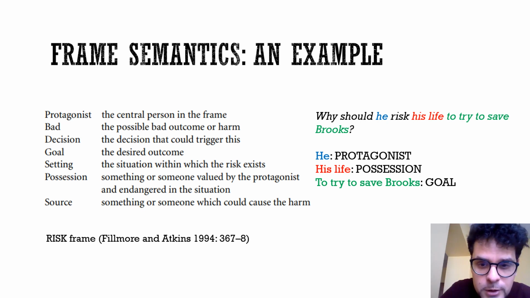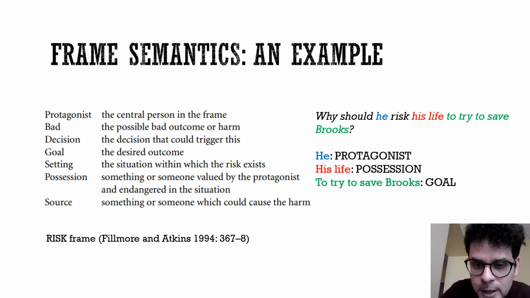And we see that because we have the key verb risk, which prompts the frame, an element that orders the context. We have a protagonist, so a subject, but of course we call it a protagonist here. His life would be the possession, what's at risk, and we have a goal, to try to save Brooks.